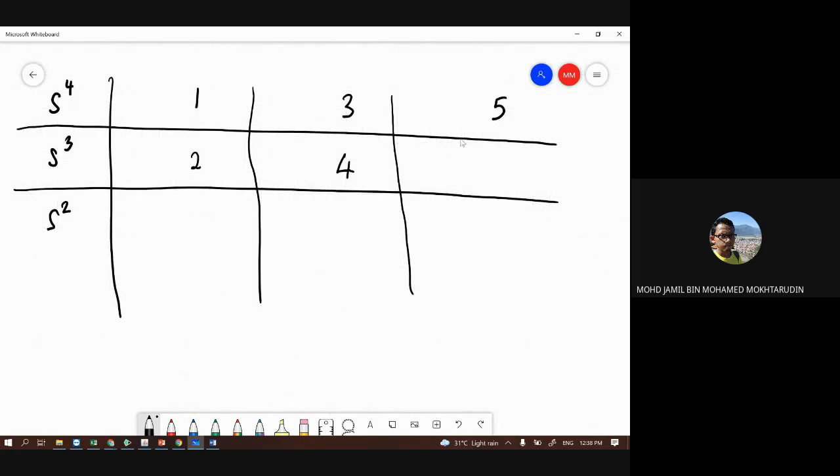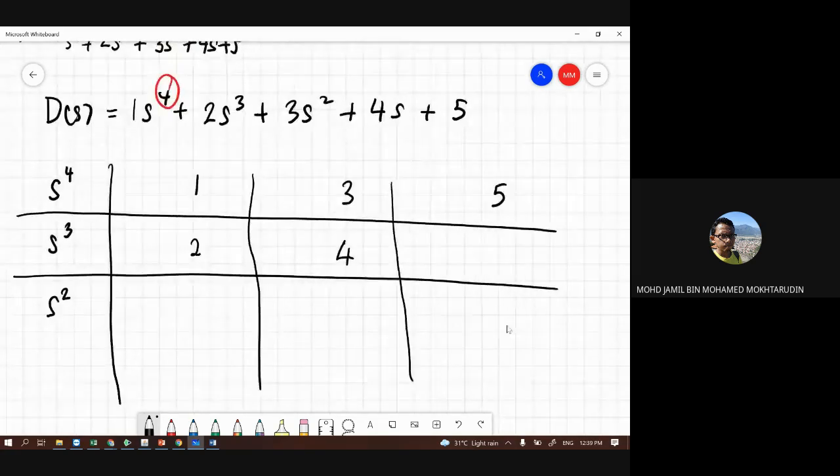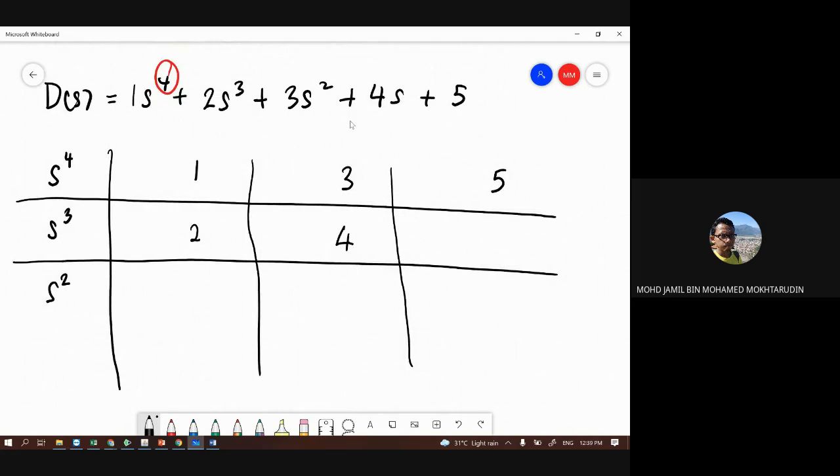Okay, so we have run out of coefficients. For the remaining blocks on the two top rows, we can put 0, because there is no coefficient.